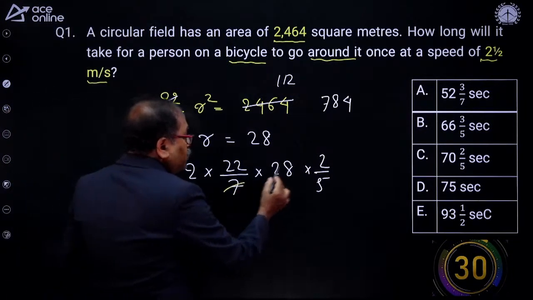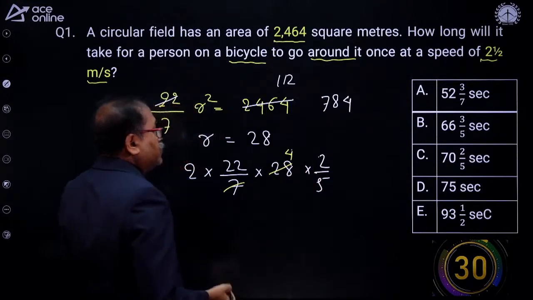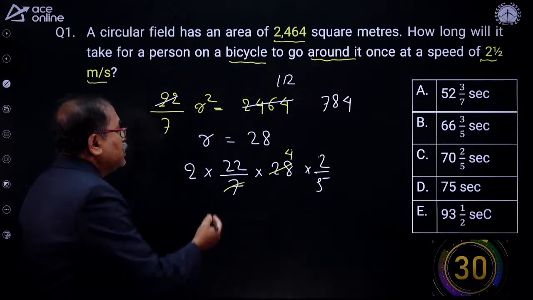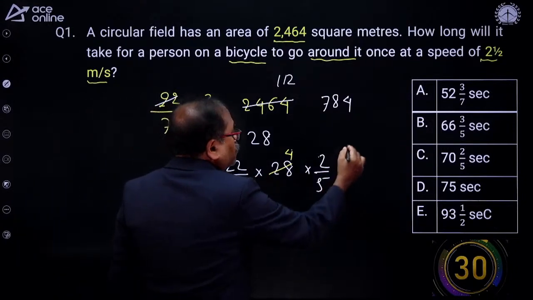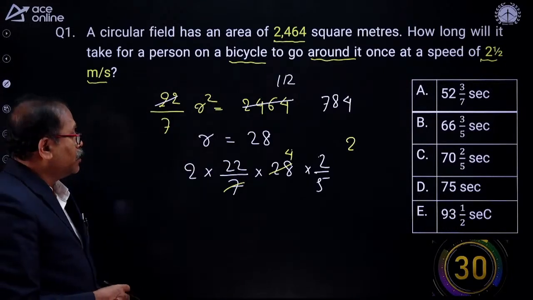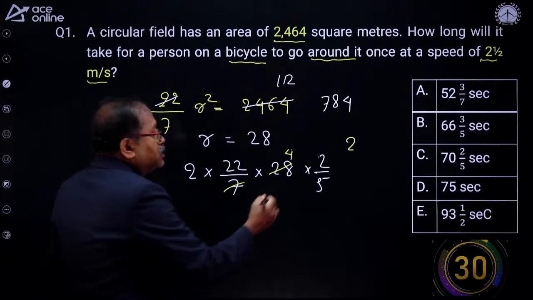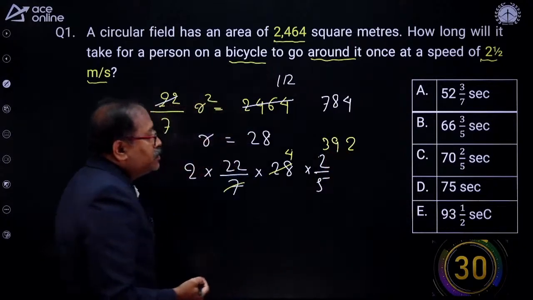So cancel this, this gets cancelled 4 times, and 4 into 2 is 8, 8 to 16, and 16 into 2 is 32, carry 3, and 16 twice is 32 plus 3 is 39. I need to divide this by 5.